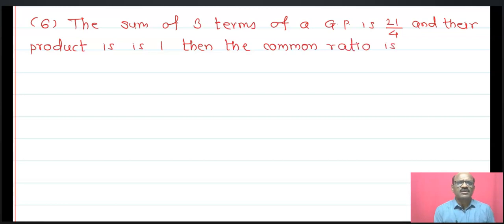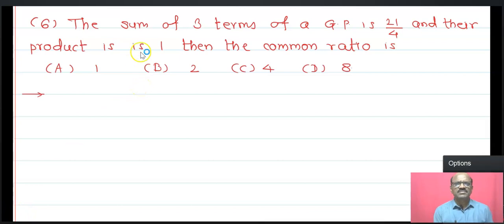Then the common ratio is A 1, B 2, C 4 and D 8. Now, what is that? The sum of the 3 terms.